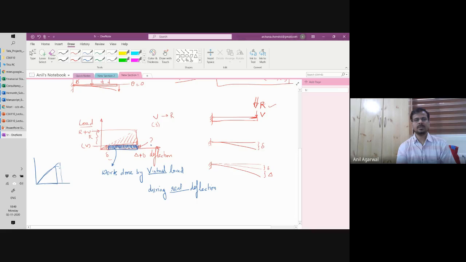But then this will be the rectangular strip that we will be talking about, which is equivalent to this. And that will be called work done by real loads during the virtual deflections. Okay, doesn't matter, whichever one you want to choose. So that is the work done. So what the method says is that you calculate this work done, and then that is external work done.